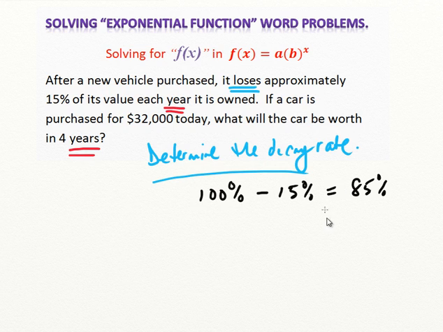Now, 85% expressed as a decimal is 0.85. So we are going to have a decay rate of 85%, and that will result in the car losing 15% of its value each year.